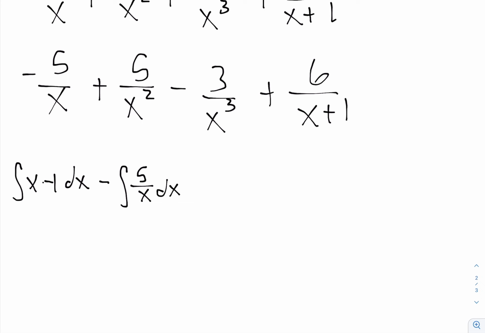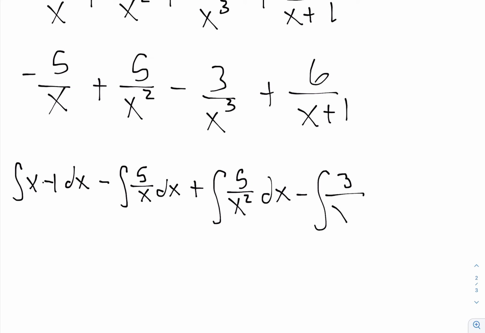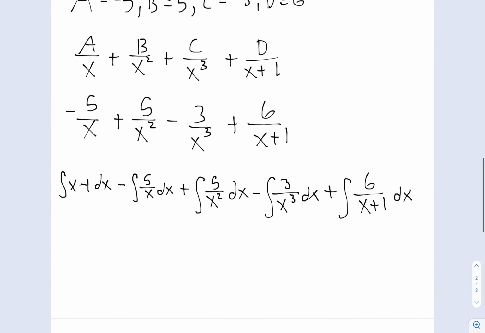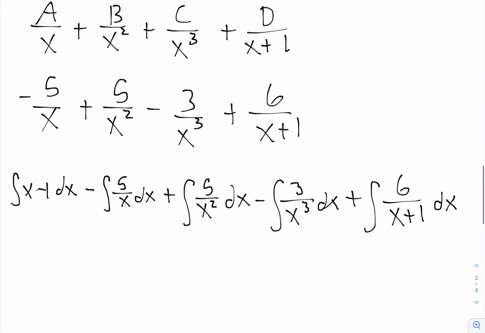So it's going to be plus the integral of 5 over x squared dx, and then minus the integral of 3 over x cubed dx, and then plus the integral of 6 over x plus 1 dx. So this is a totally equivalent way to write the original integral.